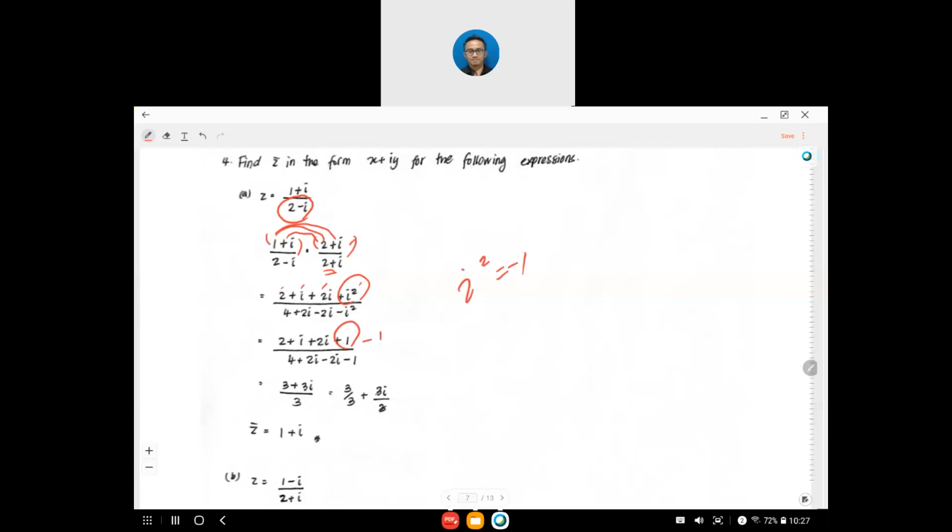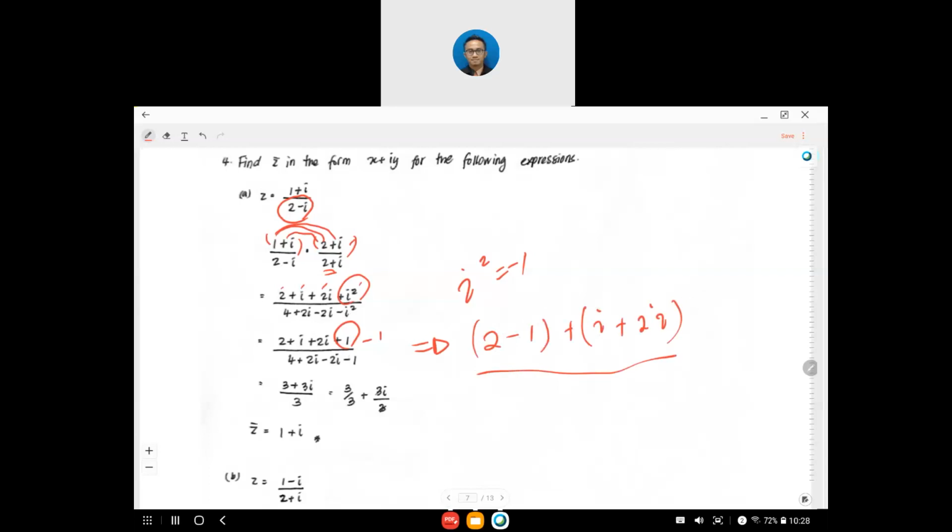So supposedly it becomes 2 minus 1, and then plus i plus 2i, divided by, and the denominator is the same too.